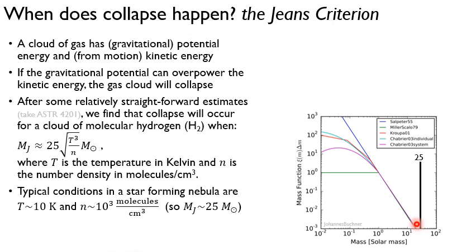That seems to be inconsistent, right? We're saying our gas cloud will collapse at 25 solar masses, but we have almost no stars there. Well, what happens is something called fragmentation, and this 25 solar mass cloud of gas will break up into other, smaller spheres, and that's what gives you these much smaller mass stars that are typically a little less than a solar mass.